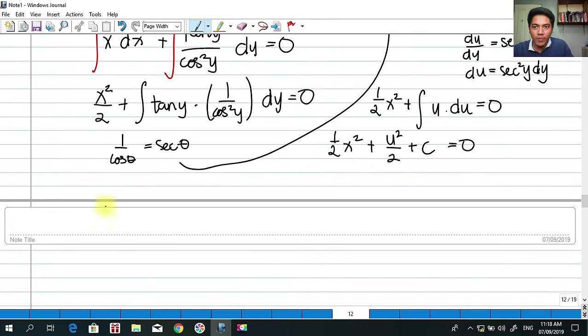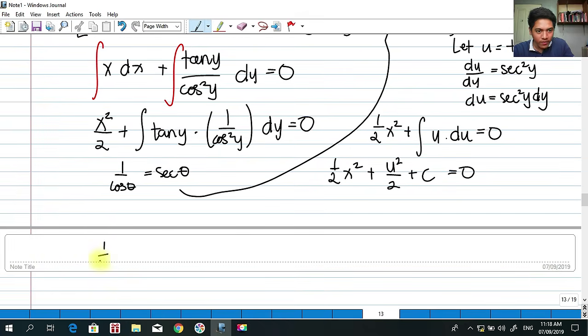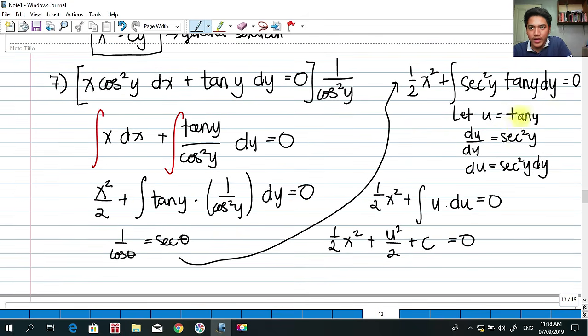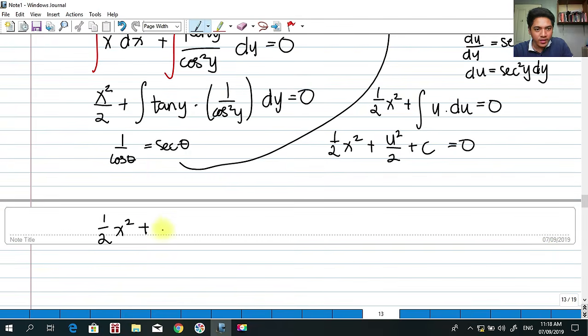And we need to back substitute whatever the value of u. What is u squared? u is our tangent y, so it is now raised to 2, over 2, plus again the constant of integration c.